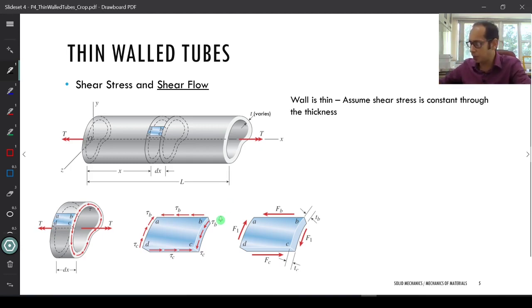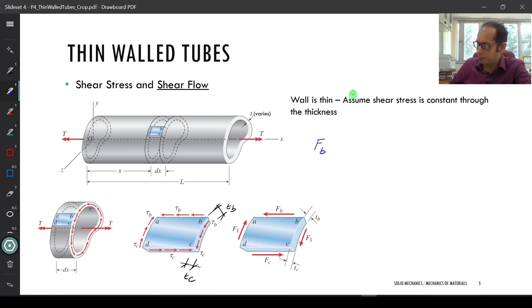So if I take this one, and remember it is the same thickness that we wrote down, this is the TB and this is the TC that you have, exactly as you're looking at over here, TB, TB, TC, TC. So how do I write this force FB? I can write this force FB as, let me try to write that down.